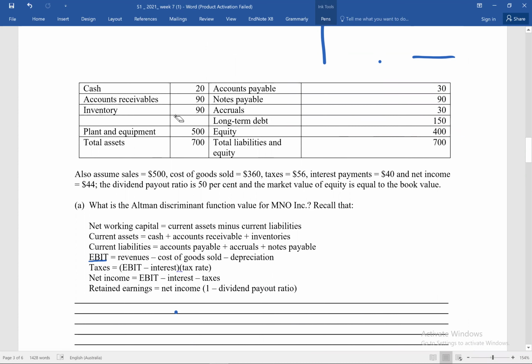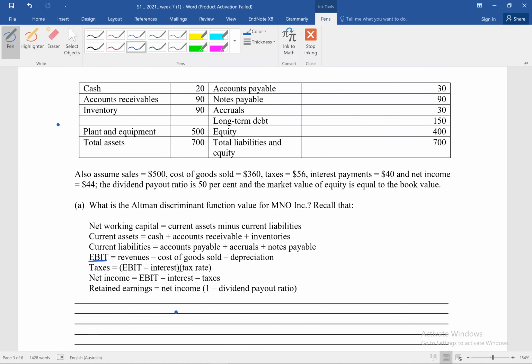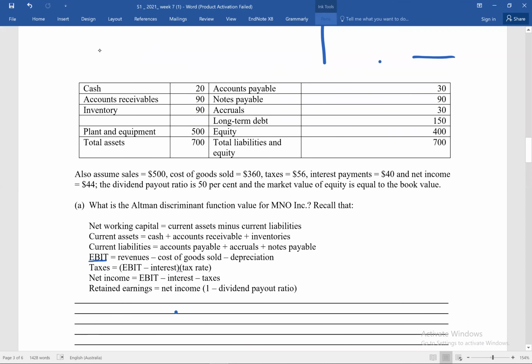We have this balance sheet and we have this information. And we have also this information. And we want to calculate the X1 and the X2, X3, and X4. Now, I know what X1 and X2 are.